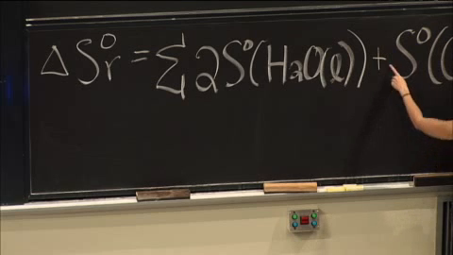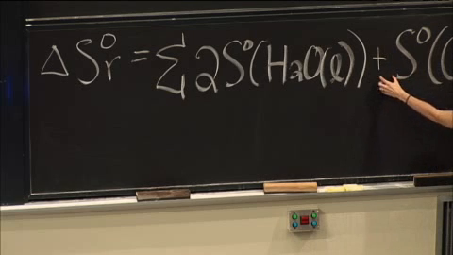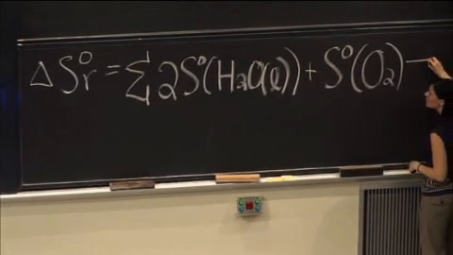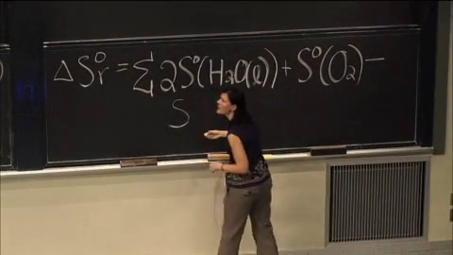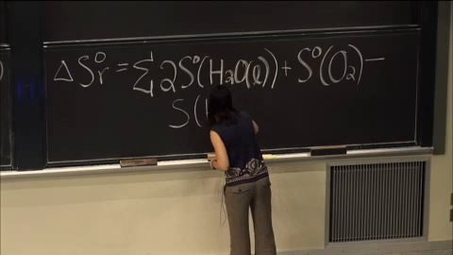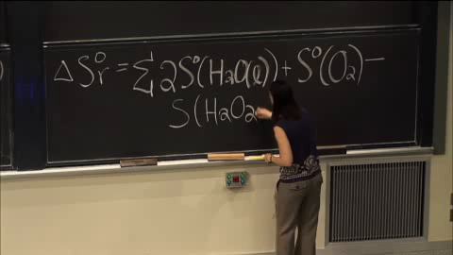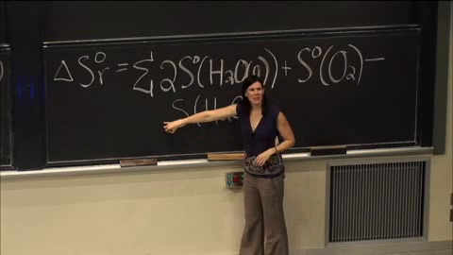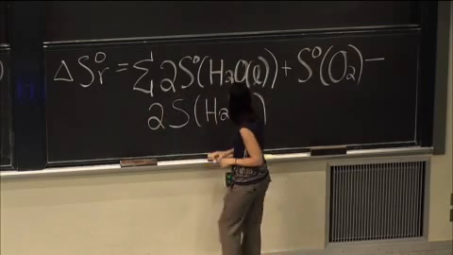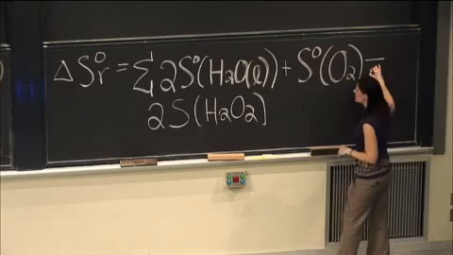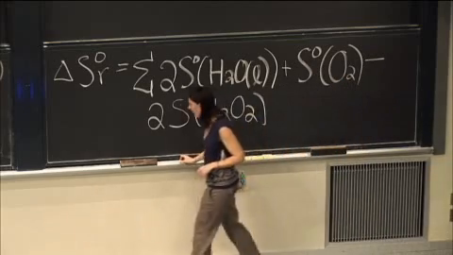We don't need to put a number out here because it's just 1 mole, so that's the entropy of O2. And we'll subtract from that the entropy of hydrogen peroxide. Do we need to put anything out here for this? 2, yeah, because there's 2 moles there. So water plus oxygen minus hydrogen peroxide.